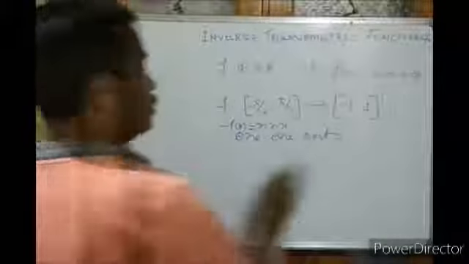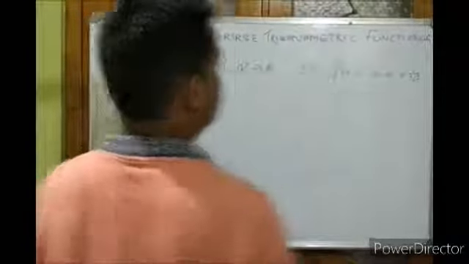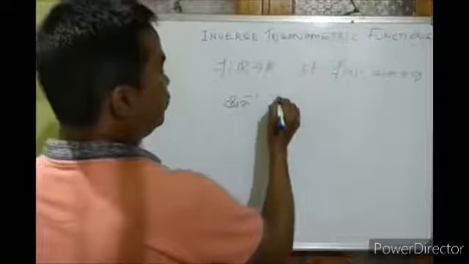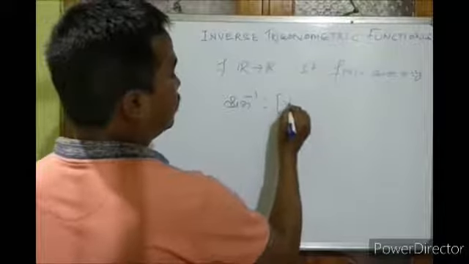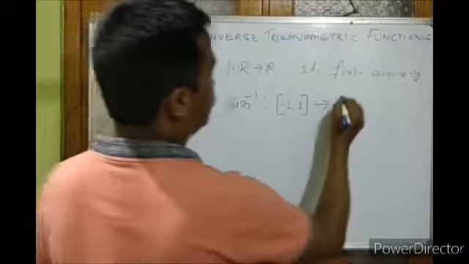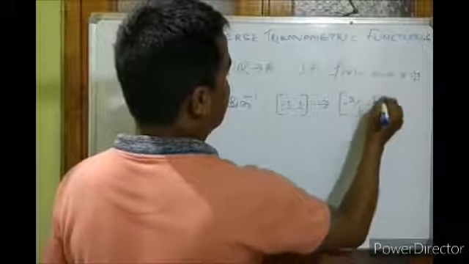So we define the inverse like this, and we denote it by sine inverse. The sine inverse function is a function from -1 to +1 to minus pi by 2 to plus pi by 2.